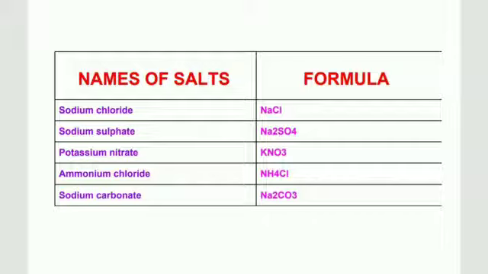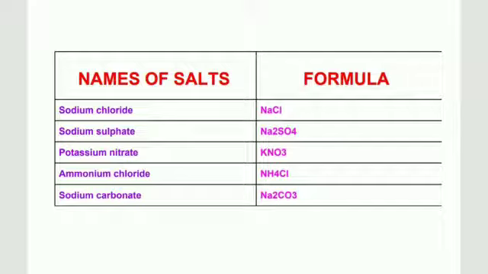Sodium sulfate, Na2SO4. It is made by H2SO4. Potassium nitrate, KNO3. This is made by the reaction of HNO3, and the second part was with potassium something. Ammonium chloride: here HCl, so the formed salt is NH4Cl.